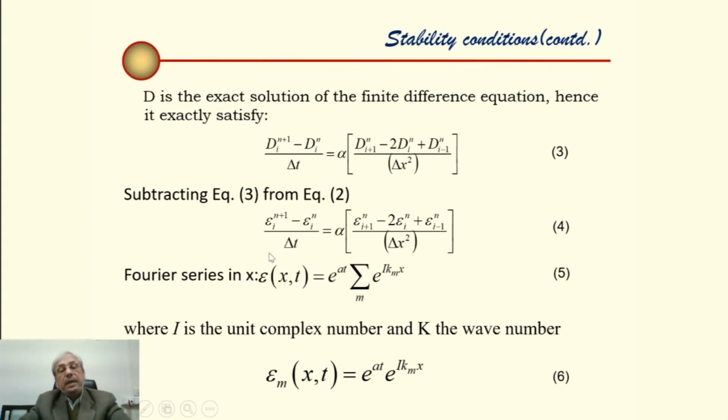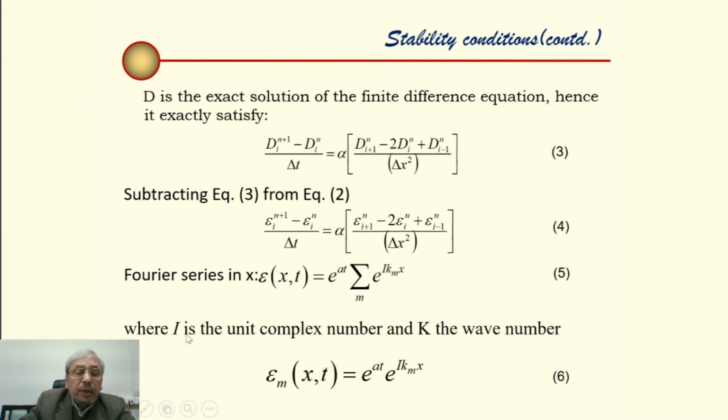And this error can be a Fourier series in x and t. So we can write error is e to the power at into summation of e to the power I km x, a Fourier series, where this uppercase I is the unit complex number.